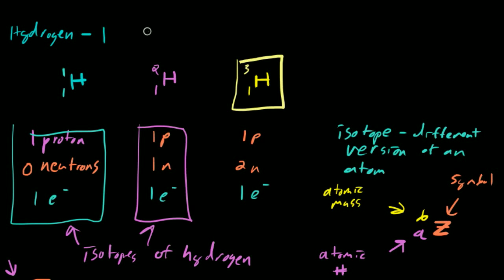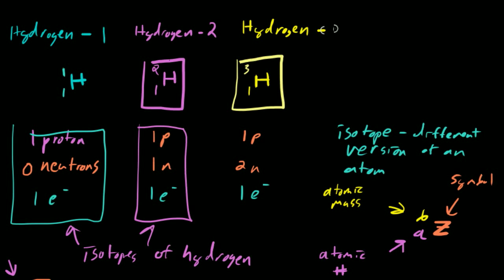For the next one, it would be hydrogen-2, because the atomic mass for this isotope is 2, right? And then the third one, you can probably see where this is going, would be hydrogen-3, because that's going to be our atomic mass.